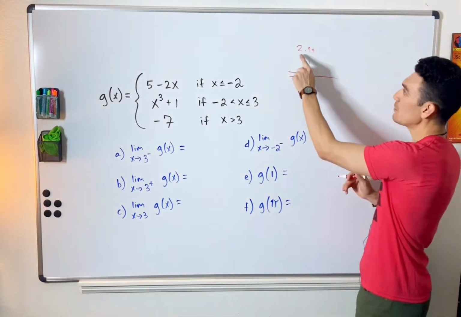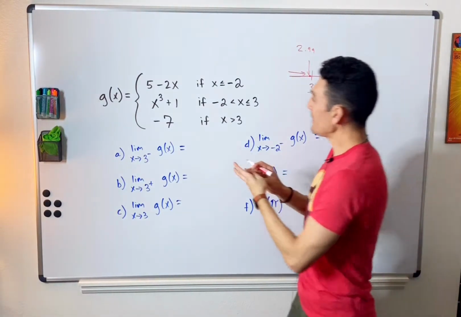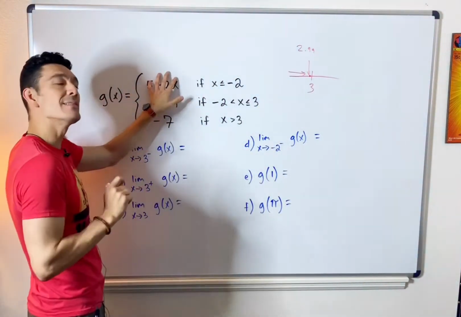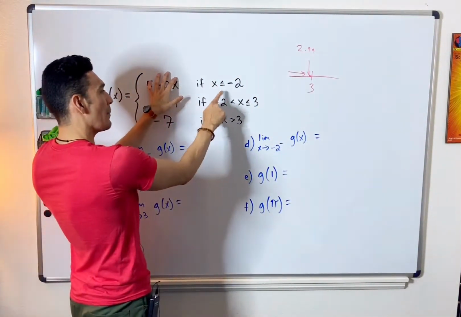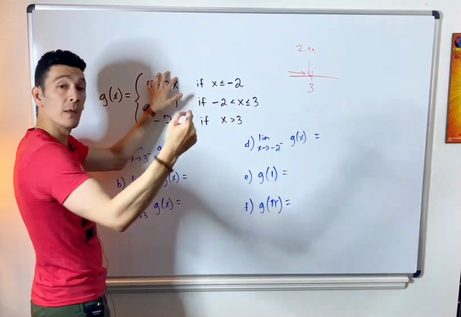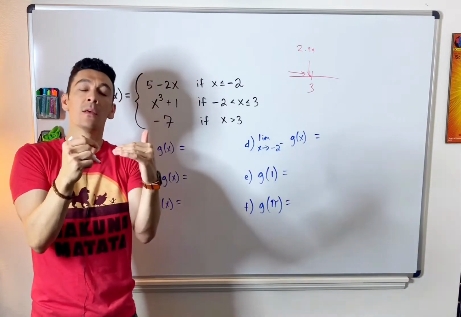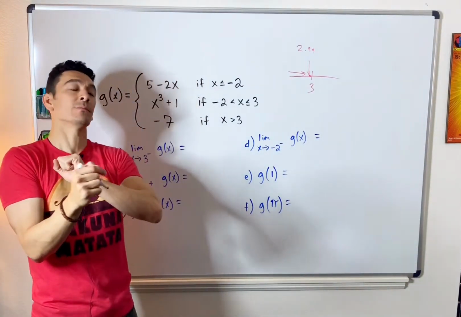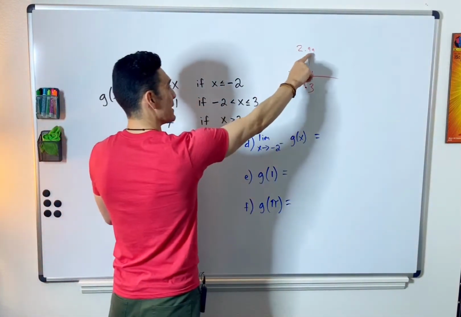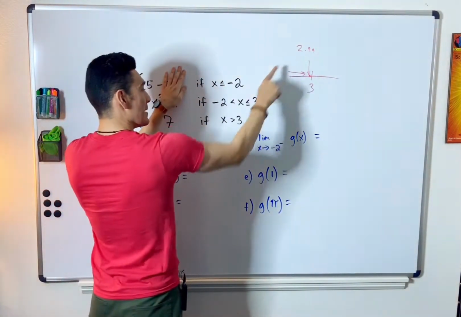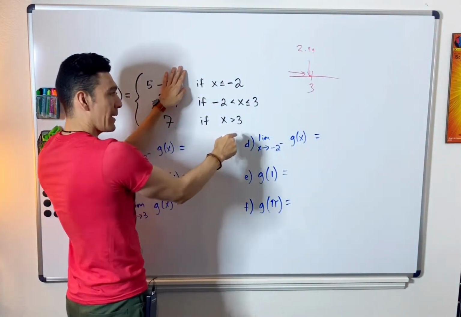Now, 2.99. Does that satisfy the top, middle, or bottom inequality? It cannot work for more than one spot. It can only work at one location. So 2.99, is it greater than 3? If I were to plug in this number here, is it greater than 3?